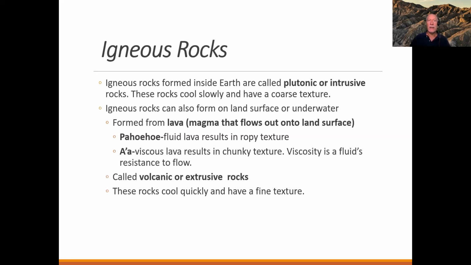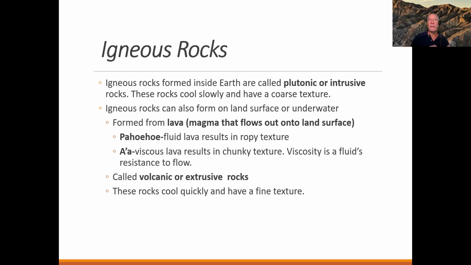There are two main types of lava, and these are Hawaiian words. The first type is pahoehoe, a ropey lava. I'll show you some photos in a minute. The other type is aa, which is a broken, chunky lava. These are the result of the viscosity of the lava, its resistance to flow.